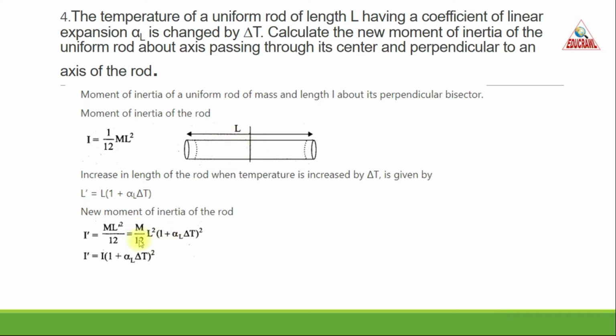So, instead of m divided by 12 into L squared, we can substitute I, where I is equal to 1 by 12 m L squared. Now substituting this value, you get the new expression for moment of inertia as I dash is equal to I into 1 plus alpha L into del T the whole square. This is the final expression for new moment of inertia.